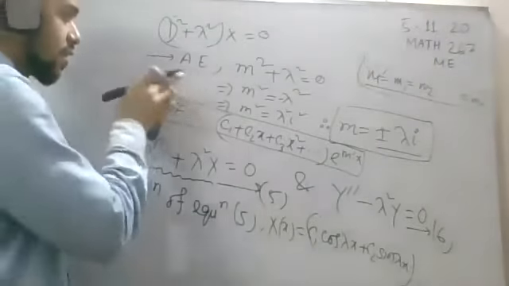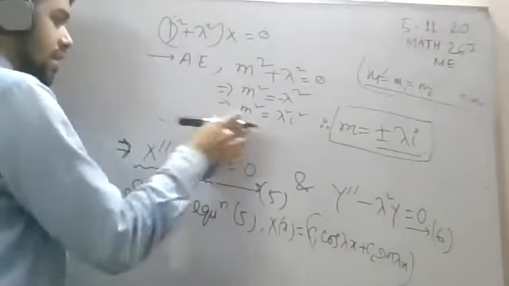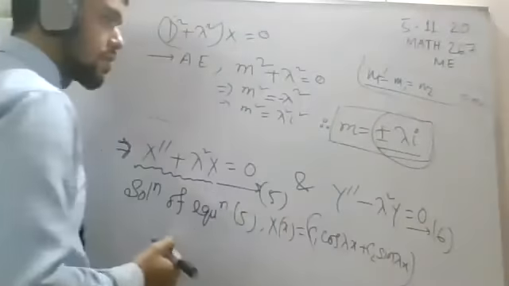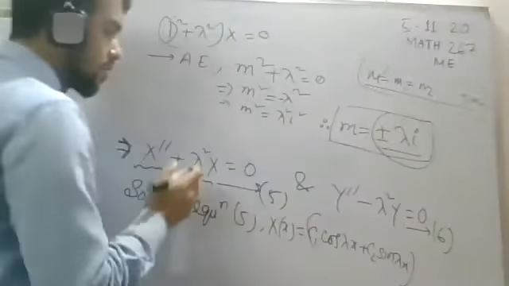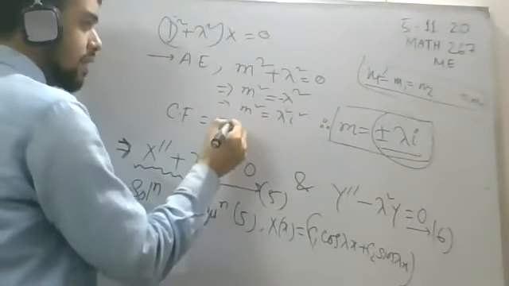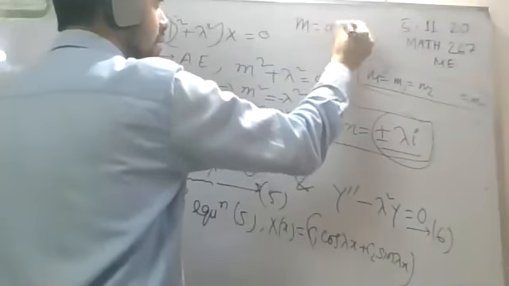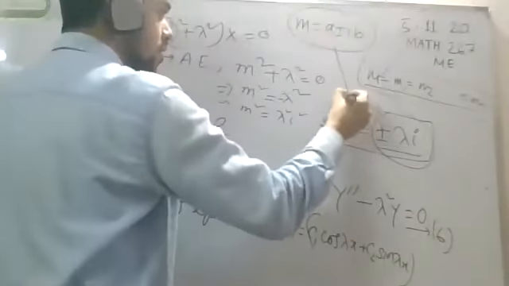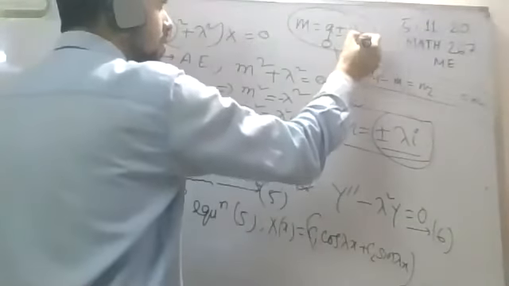Now for complex roots. Okay, the third case, if the roots are non-real or complex roots, then since these are different roots, you can write the complementary function like that: e to the power, where suppose m equals a plus minus ib. Okay, this is your complex root. So here a equals 0 and b equals lambda.